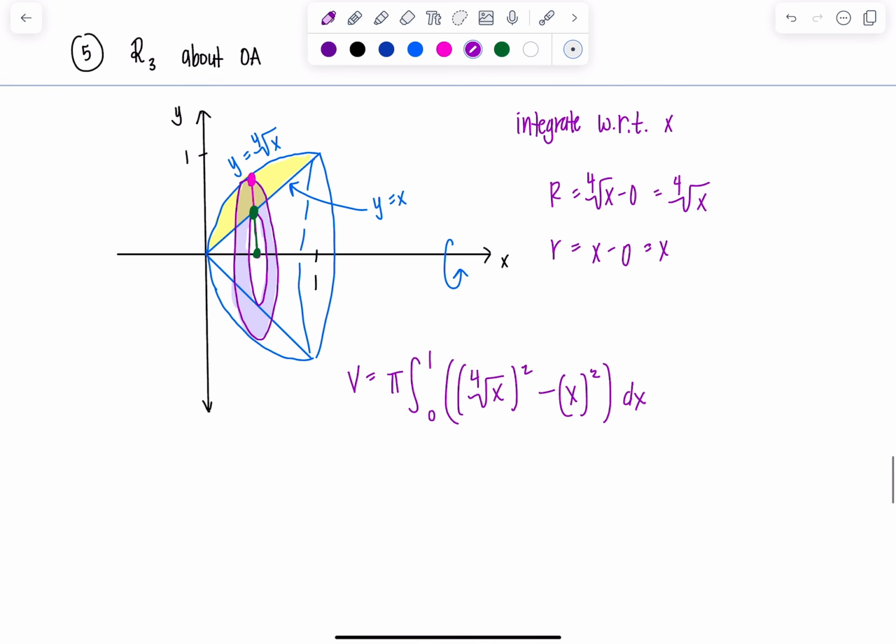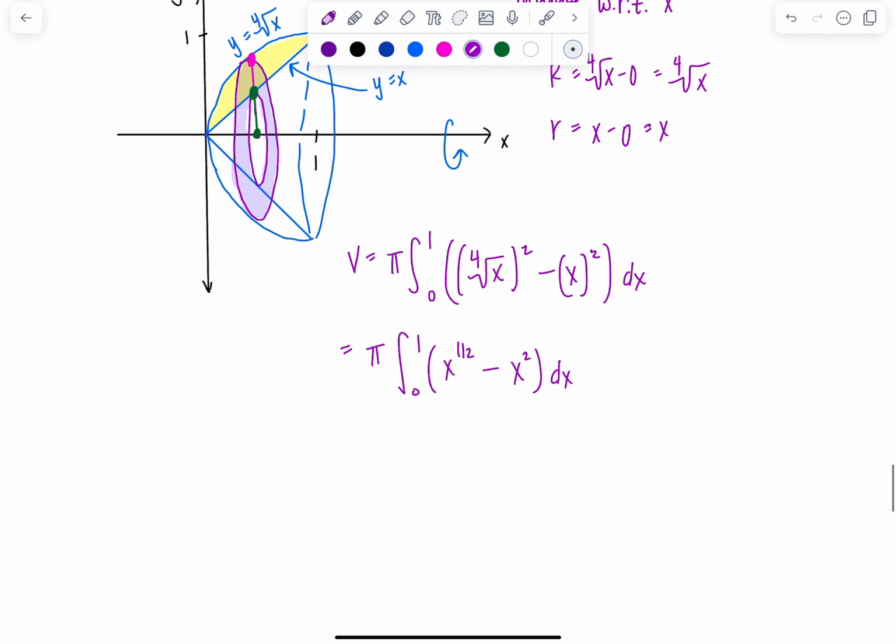Thank you, guys. Okay, so then we have pi integral 0 to 1. 4th root of x squared, we just did that a second ago. It's x to the 1/2 minus x squared dx. Add 1 to the exponent, divide by the new exponent. This is going to be 2/3 x to the 3/2 minus 1/3 x cubed from 0 to 1.